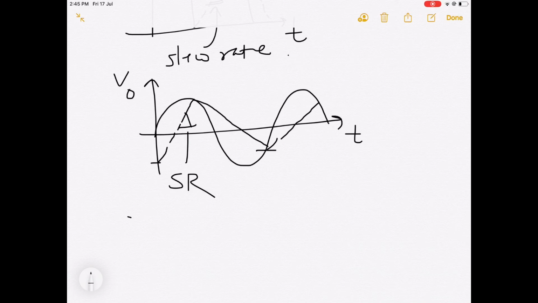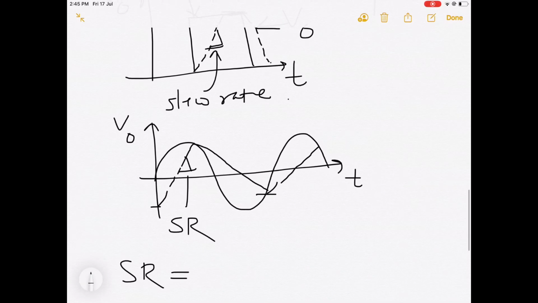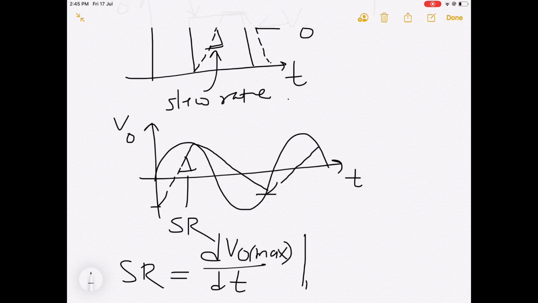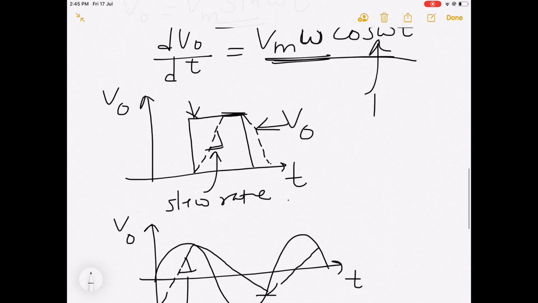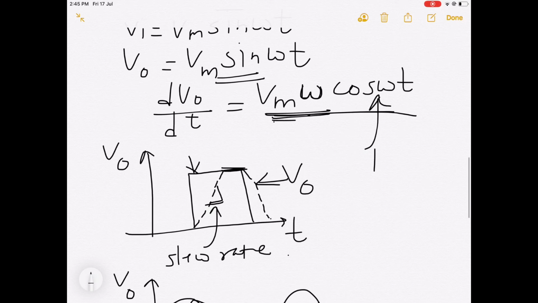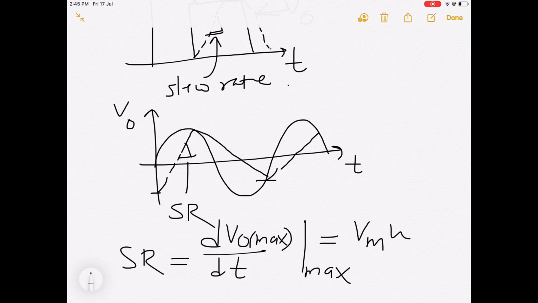The equation becomes slew rate equal to dVo by dt max, the maximum rate of change of output, equal to Vm omega, with cos omega t equal to 1. So here we put Vm into omega.